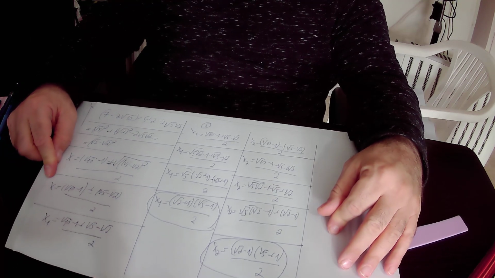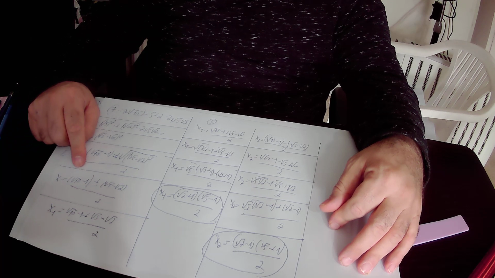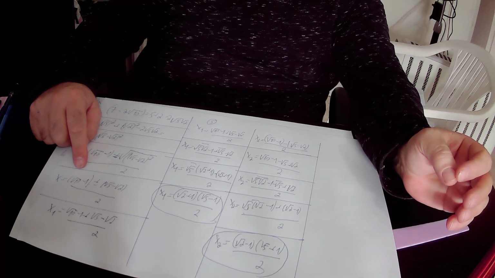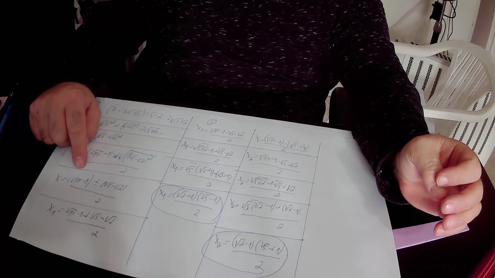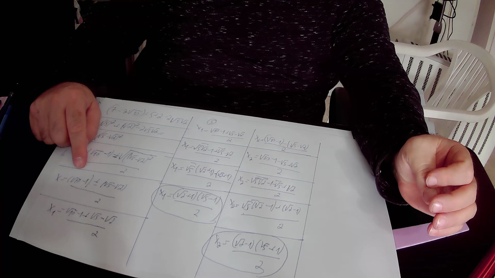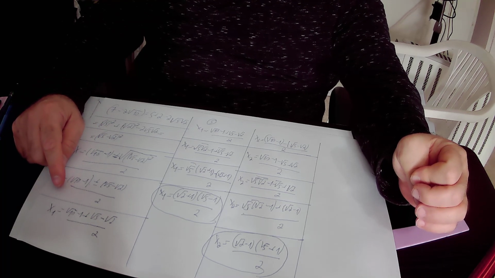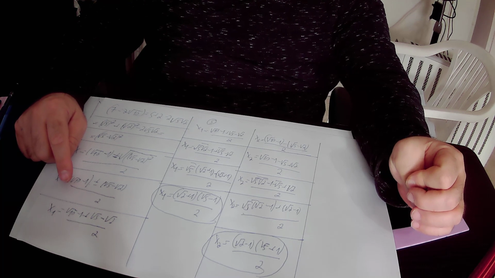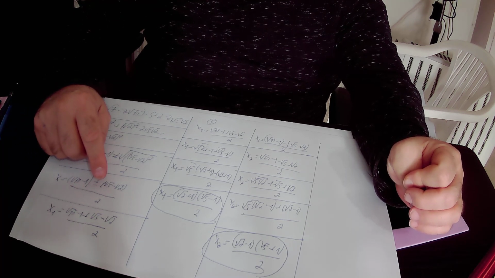And here, we have two possible solutions for x. The first solution, we defined it as x1, and it is equal to square root of 10 minus 1 plus square root of 5 minus square root of 2 over 2.